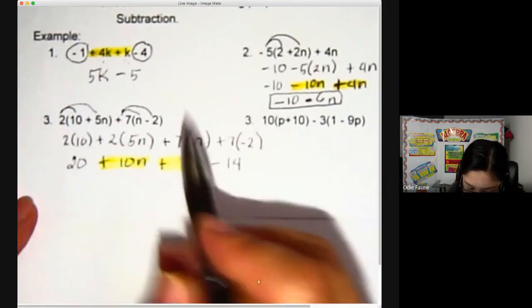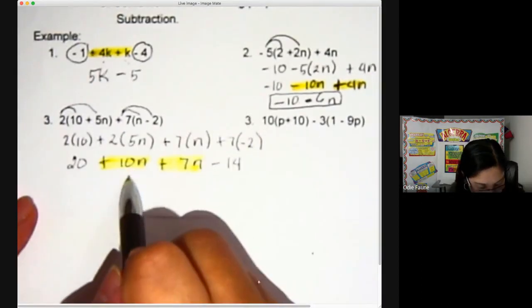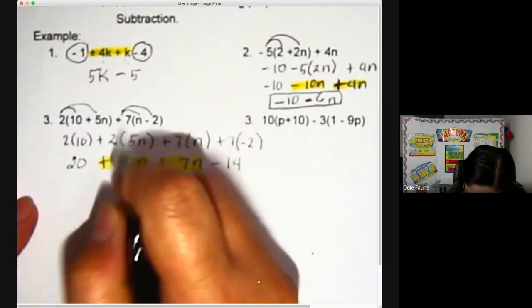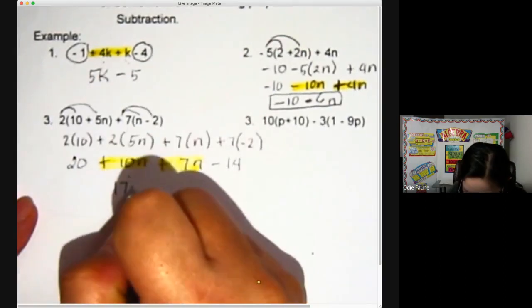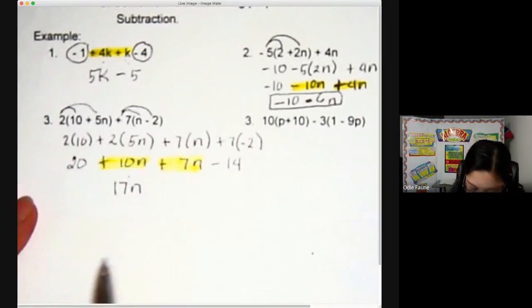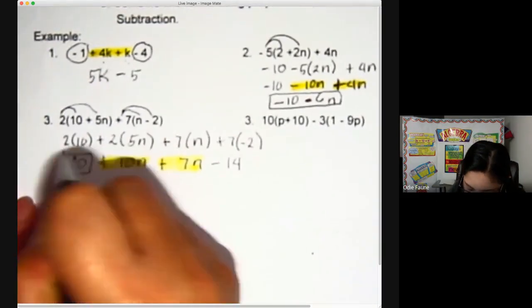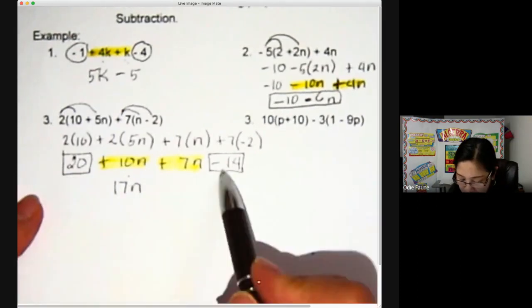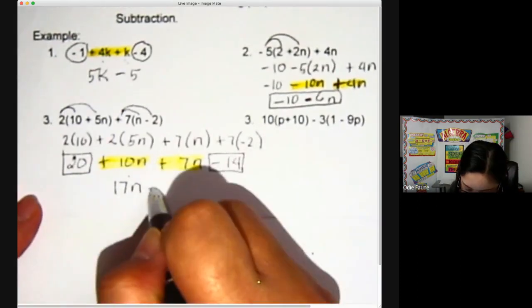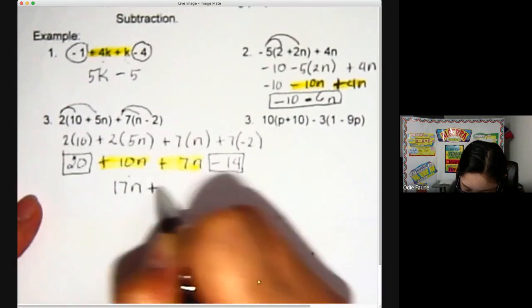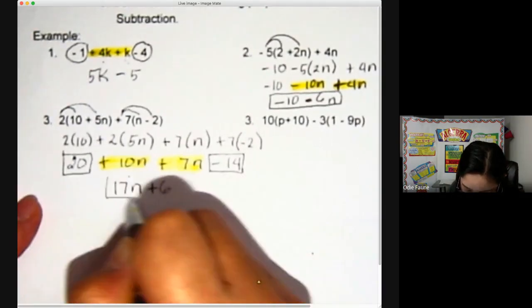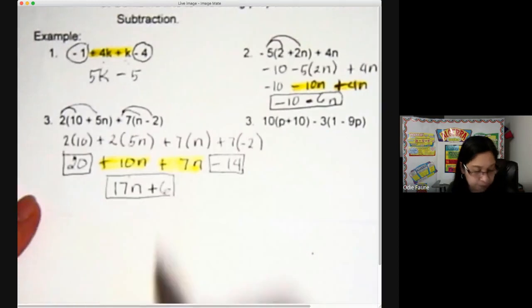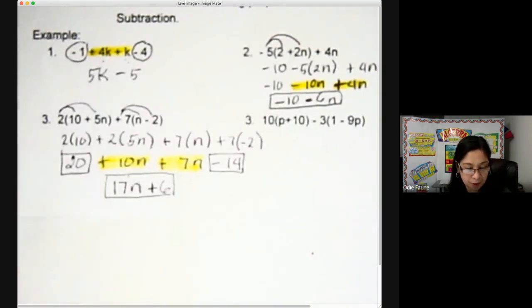So combining these two, 10 plus 7 is 17n. And then put these two together as well. They are like because they are both constant or numbers only without a letter. So 20 minus 14 is positive 6. That is our answer.